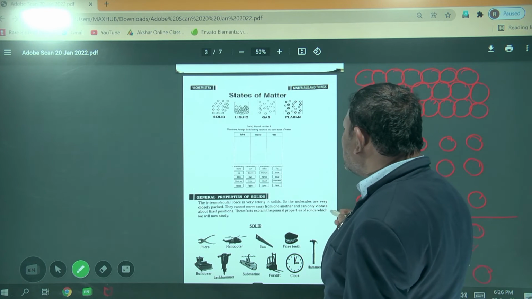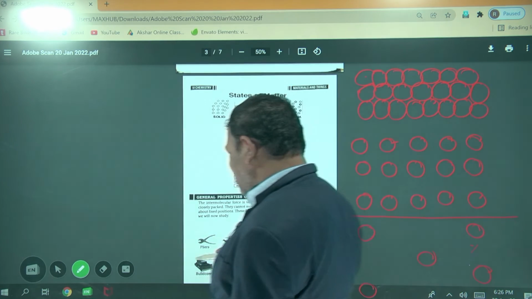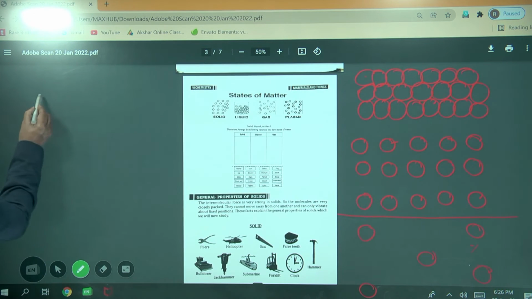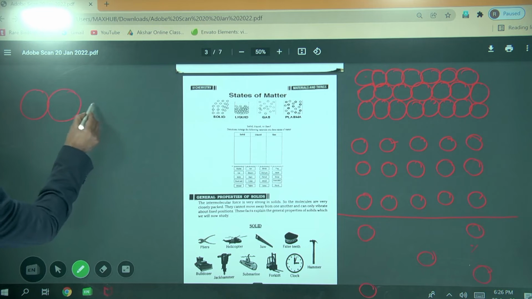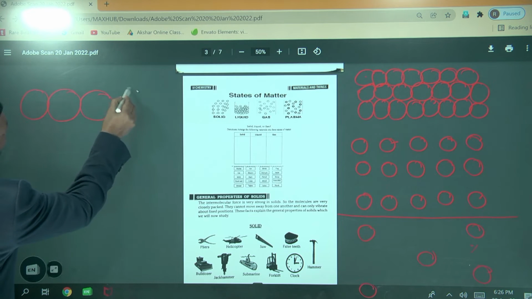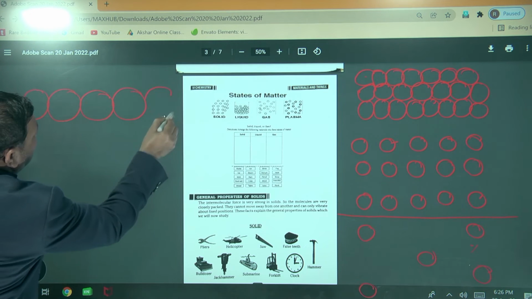So the molecules are very closely packed in the solid state.